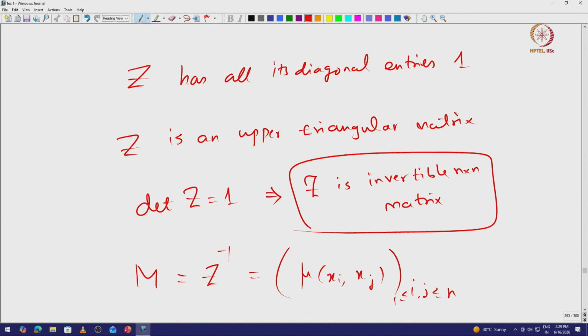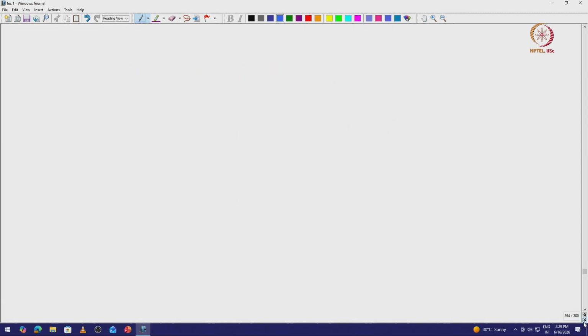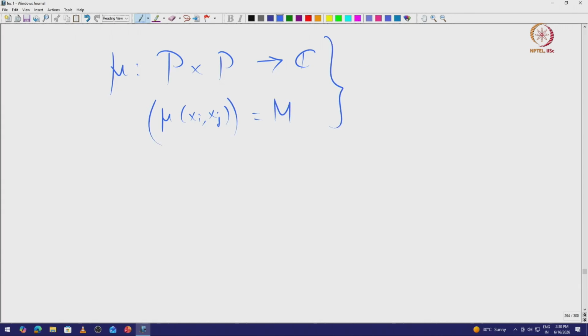We call this mu, defined from P cross P to C, the Möbius function. It forms this matrix capital M.